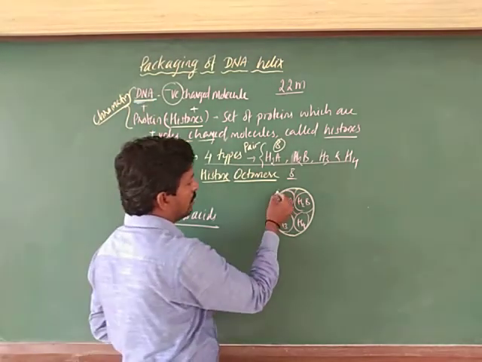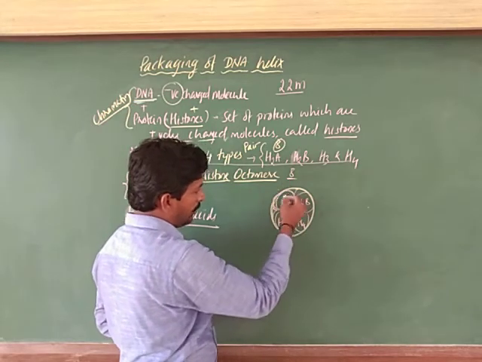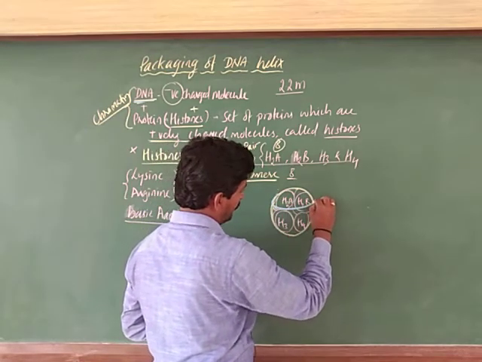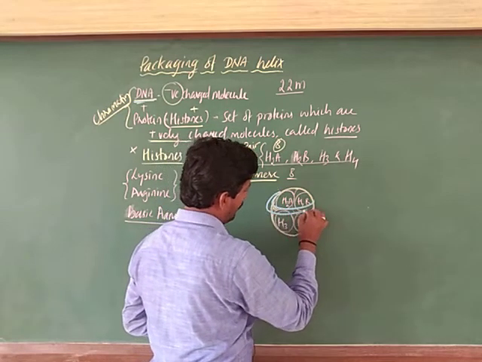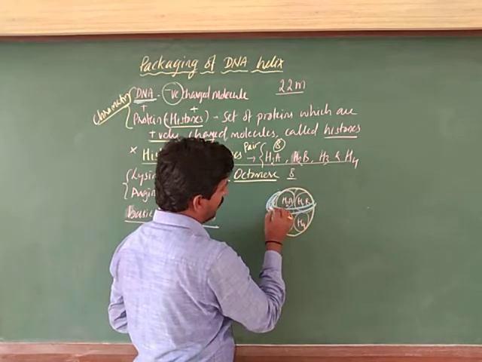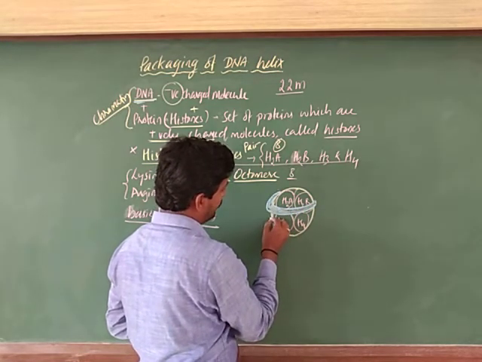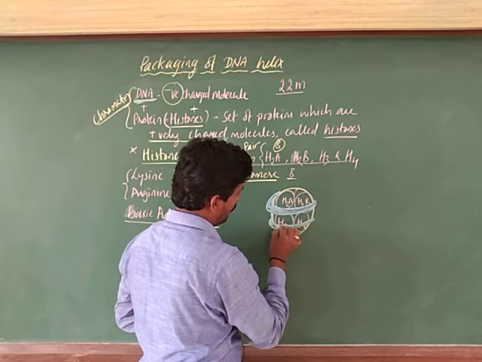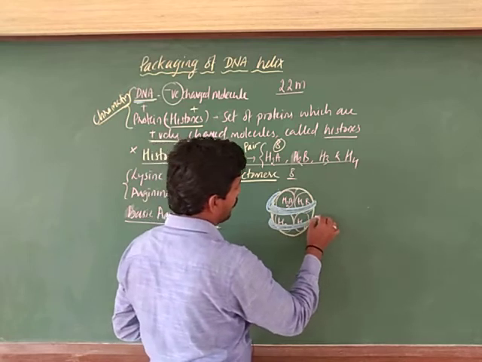These 4 pairs of histones make an octamer, and this is the wrapping of the double stranded DNA around it.